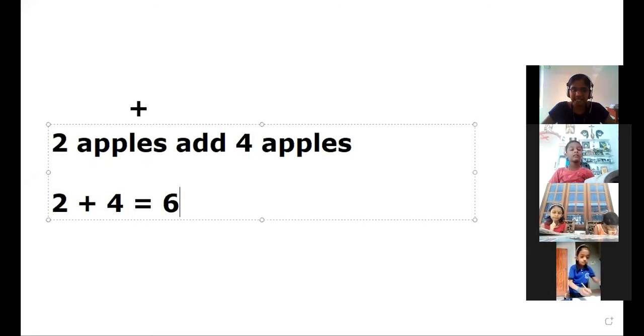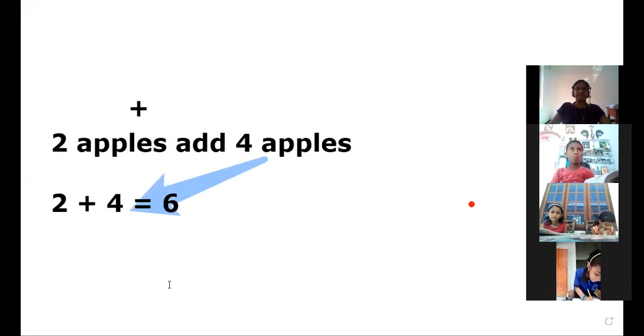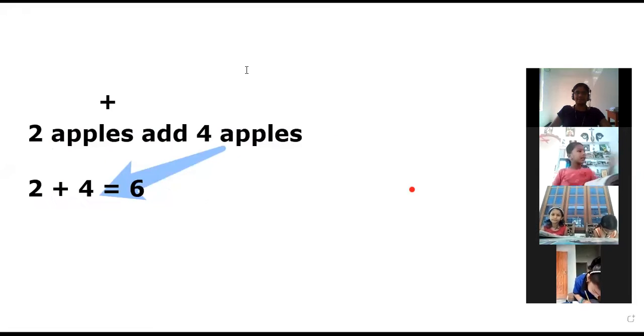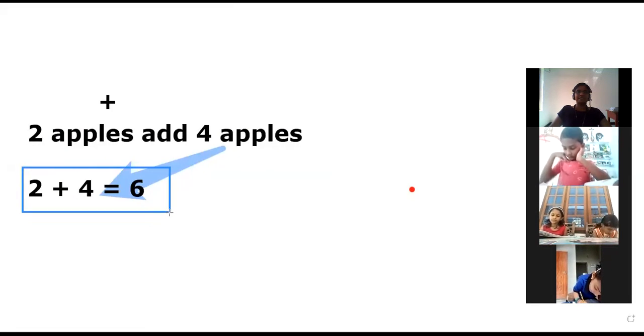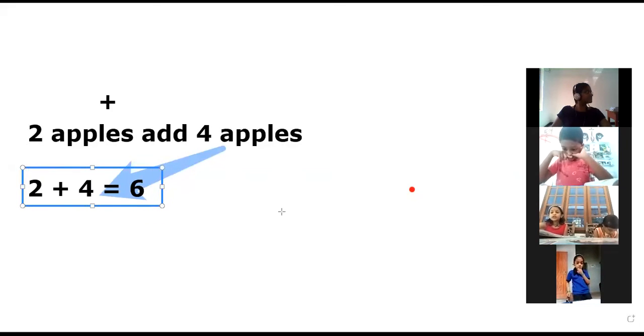This means that when we add a group of 2 apples and another group of 4 apples, we get a group of 6 apples.